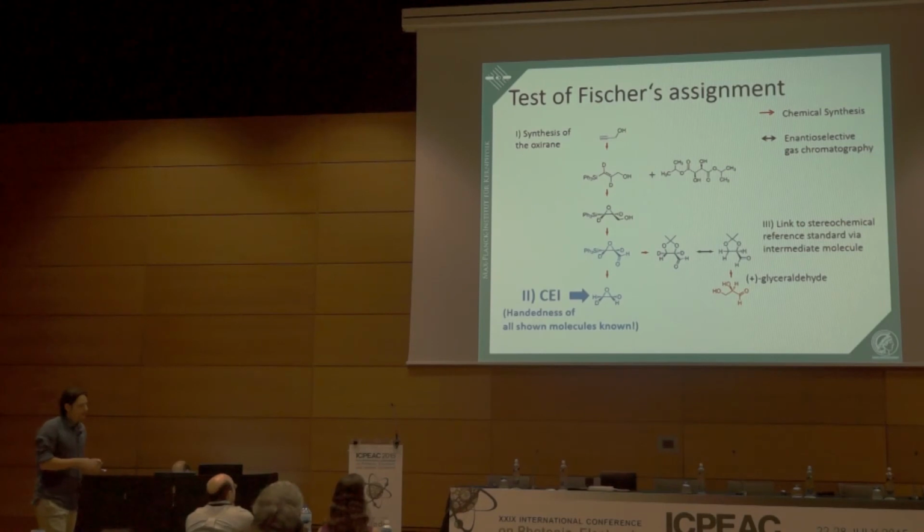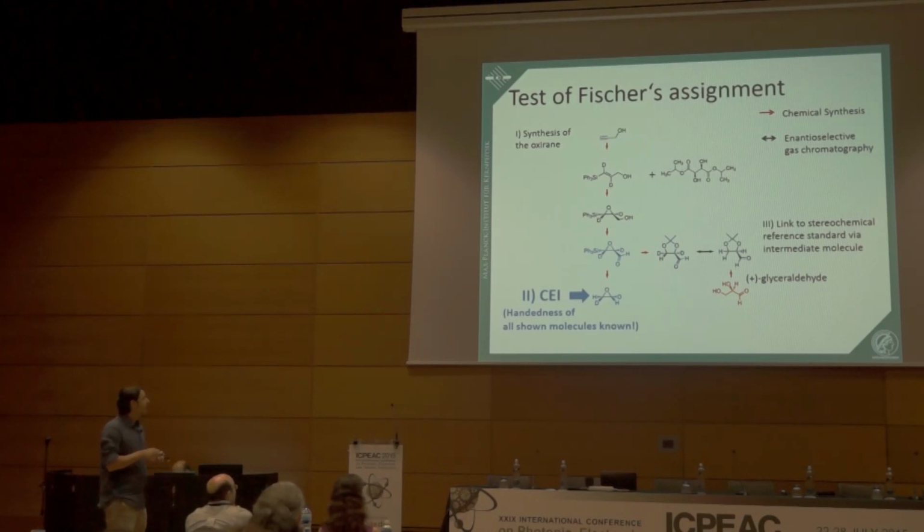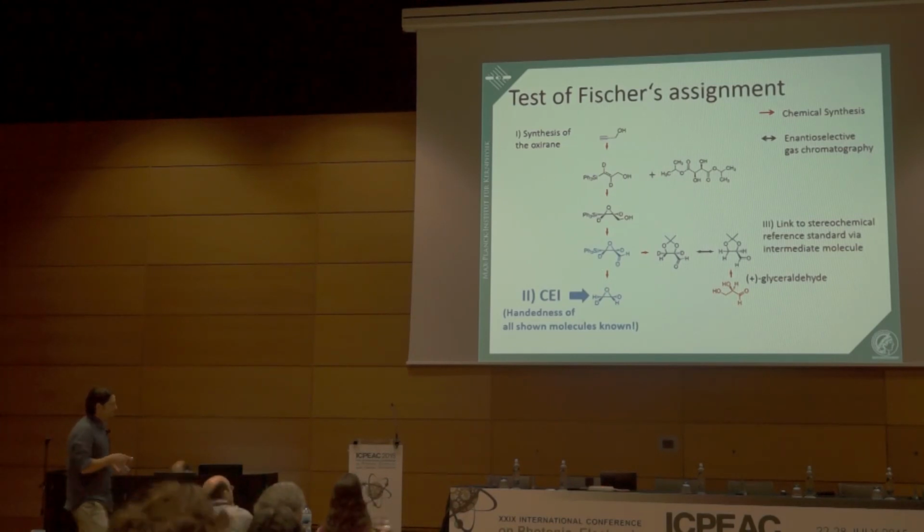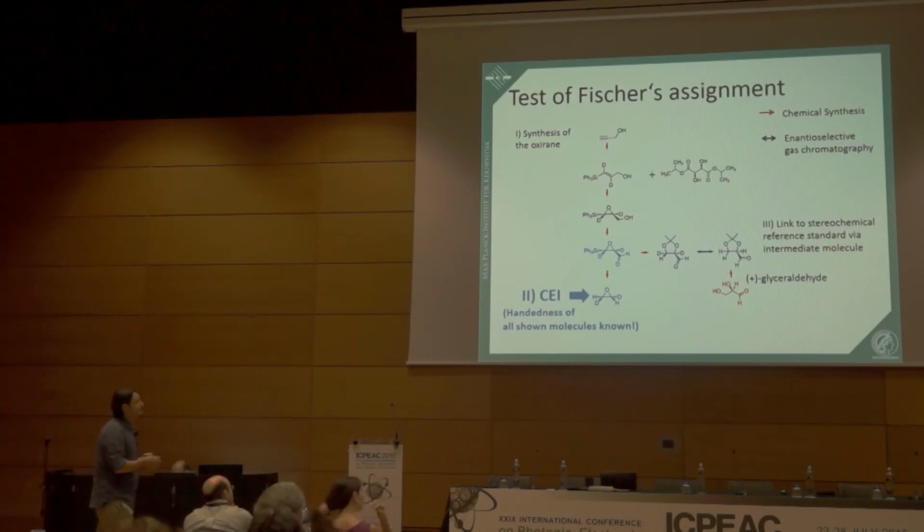Now, one needed a link to the stereochemical reference standard, which is shown here as plus glyceraldehyde, and this had to be done since there was no way for a chemical synthesis directly from this oxirane to this glyceraldehyde. This was then done by an intermediate molecule, and they also did some enantioselective gas chromatography to close this last gap.